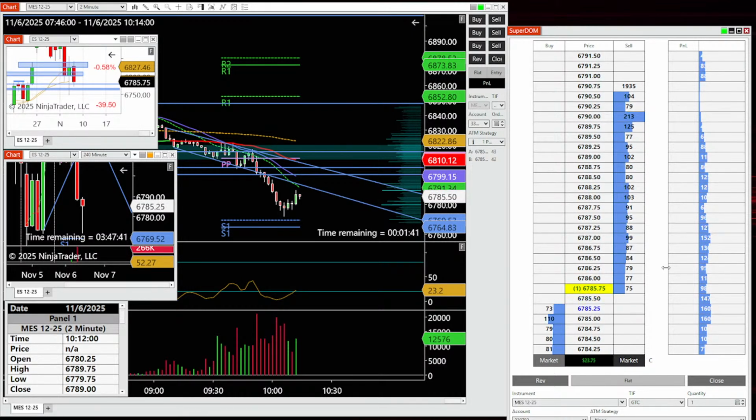Tested 88.50, went over and under, went over.